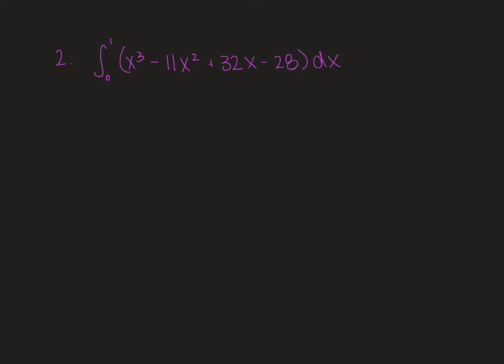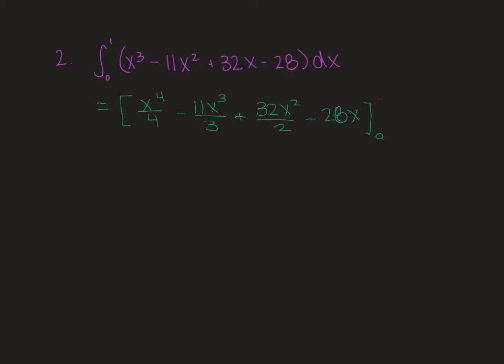So this one I'm going to go a little bit quicker because now that we've seen one done, we can do our antiderivative, which is our integral. So we're going to have x to the 4th over 4 minus 11x cubed over 3 plus 32x squared over 2 minus 28x. Always remember, if you had a constant, just tack an x onto it.